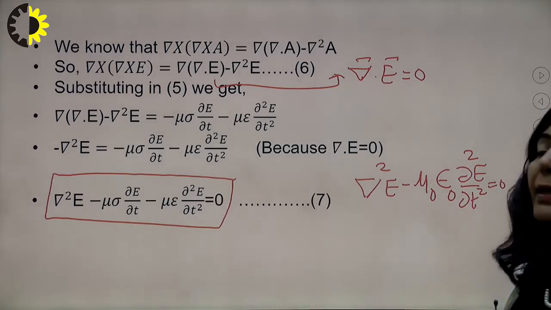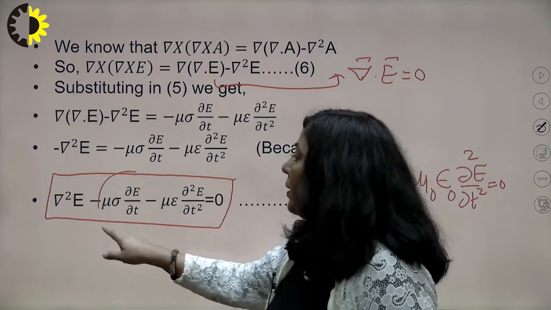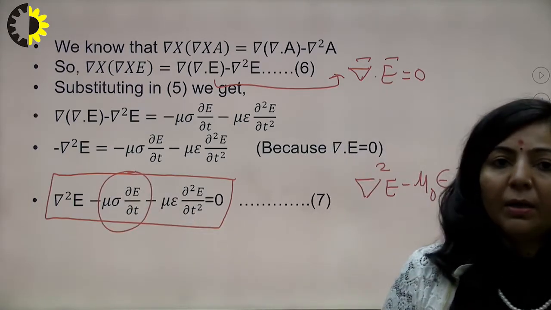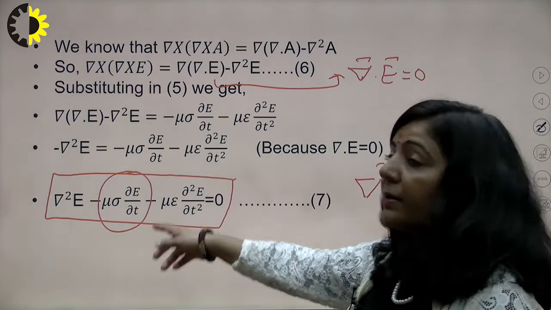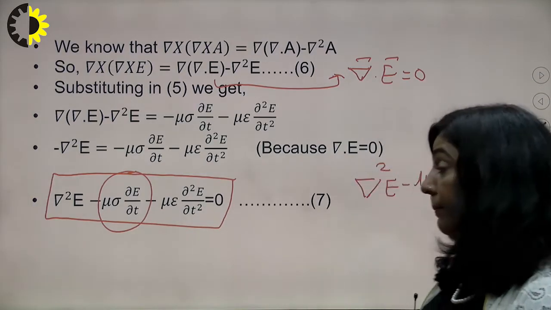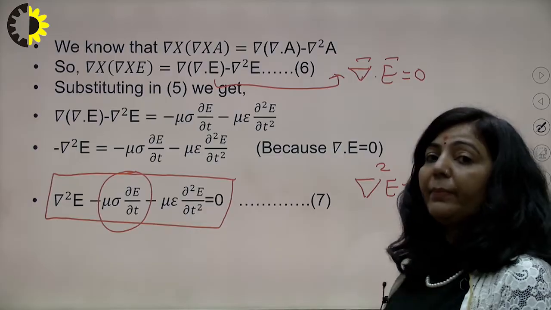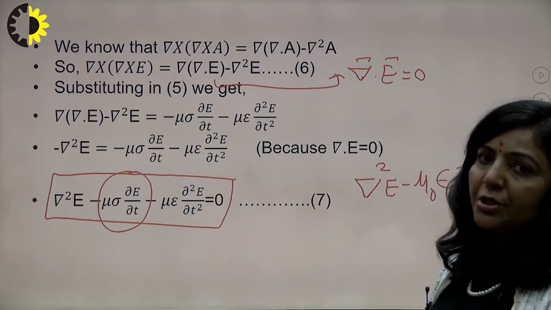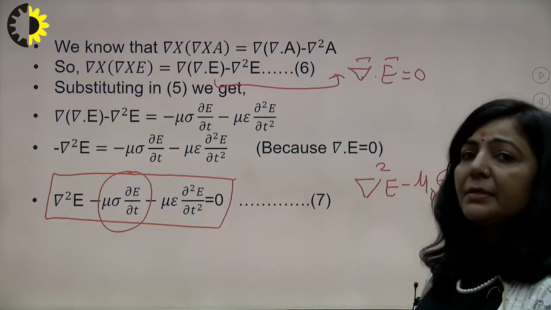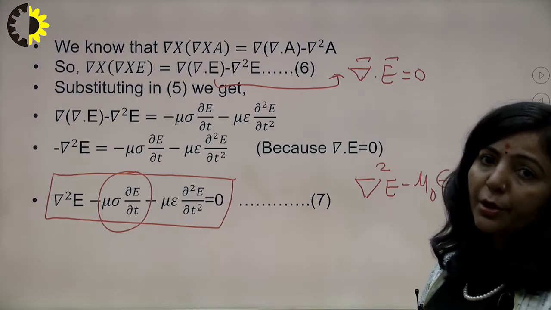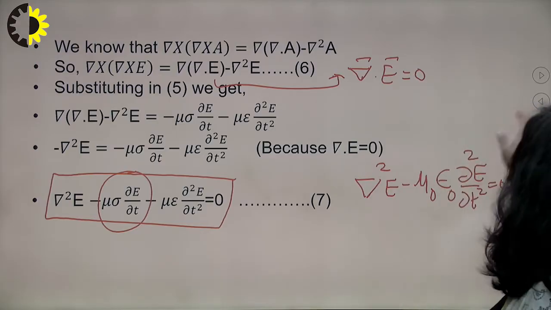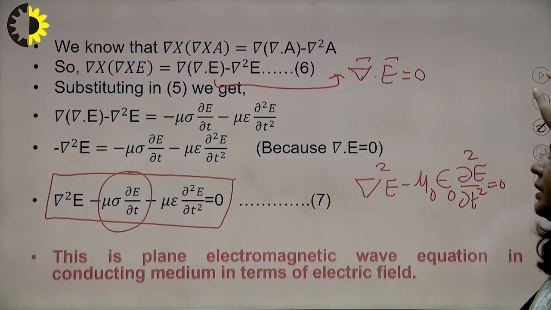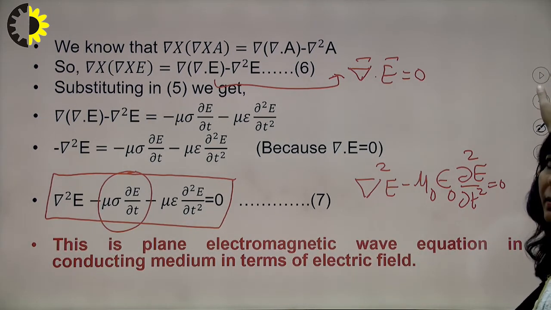As you can see, the difference between free space and conducting medium is that second term, and in that second term you can see there is conductivity. Sigma is the conductivity of the medium. Because of the conductivity of the medium, you are getting this additional term here. But you can see this is again a second order partial differential equation, right? So this is known as the electromagnetic wave equation in conducting medium in terms of electric field, right?